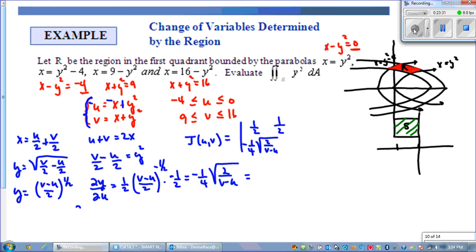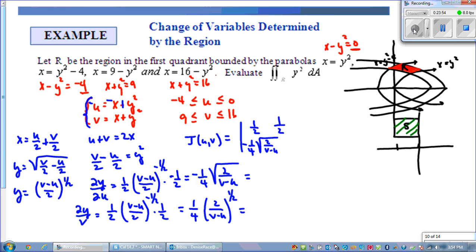The partial of y with respect to v will be very similar, but with the positive value there. So that's 1/4, and again, it's going to be 2 over (v minus u) to the 1/2. Now, if I want to split that up, that would be square root of 2 on top over the 4, and then the square root of v minus u on the bottom.